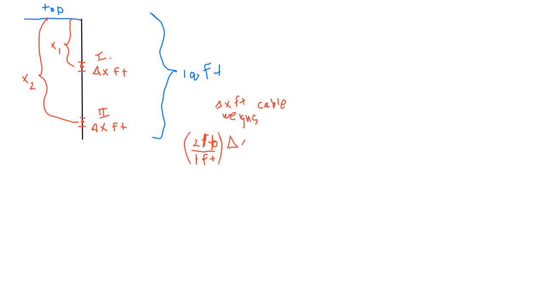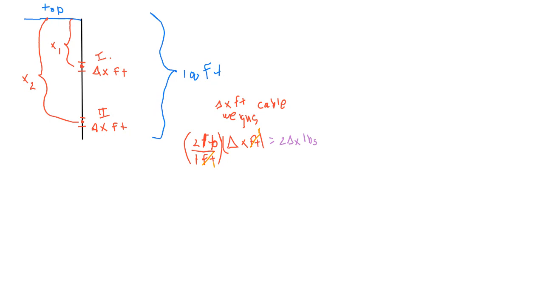If we multiply that by delta X feet, you notice that the feet cancel, and what you're left with is 2 delta X pounds.